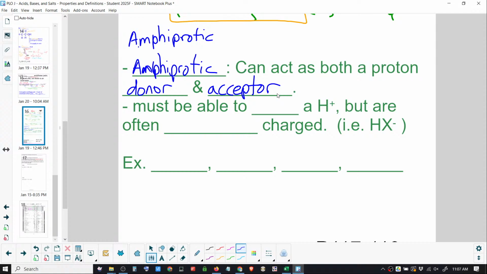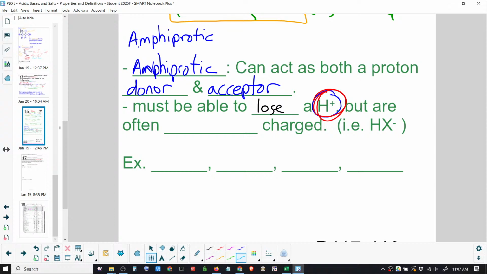Now, to be amphiprotic, you obviously have to have an H plus. So you have to have a hydrogen to give, but you also have to be able to attract an H plus. What would you need to attract an H plus? Water is amphiprotic, and it doesn't have this particular quality, but what would help attract an H plus?